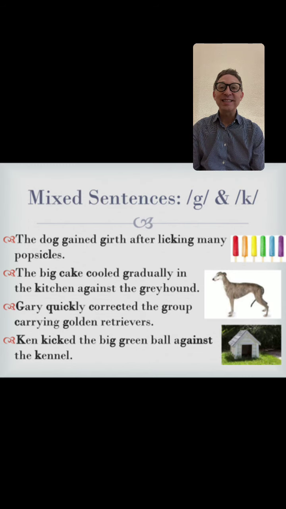All right, mixed sentences. Now we're going to practice fluency and distinguishing these in a sentence. These are not normal sentences, but they are sentences. Number one, I'll say the whole sentence slowly, you repeat it, then I'll say it a little bit faster.